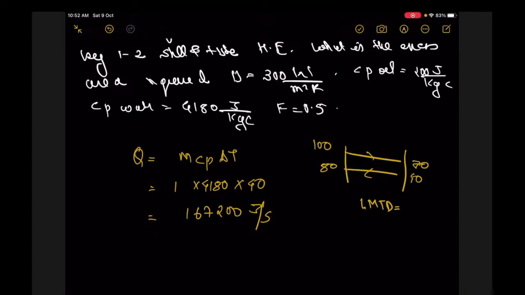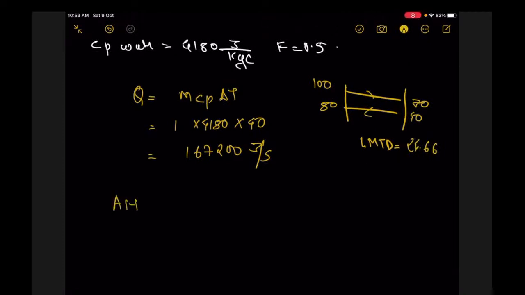Calculate fast. So here the LMTD is coming 24.66.